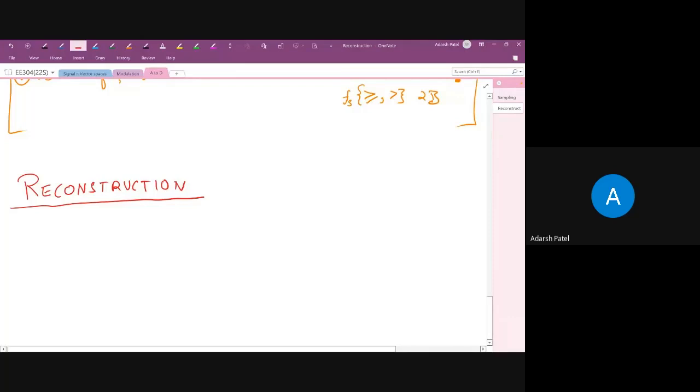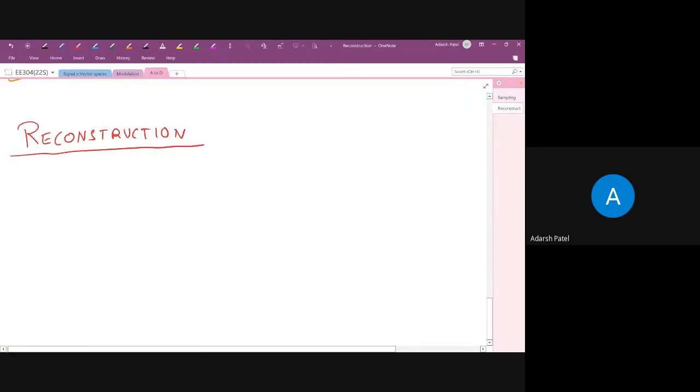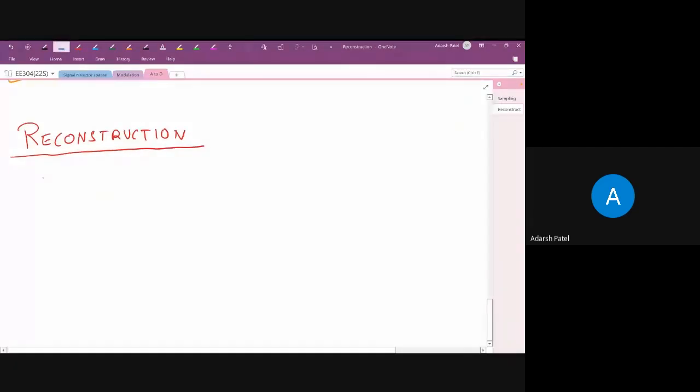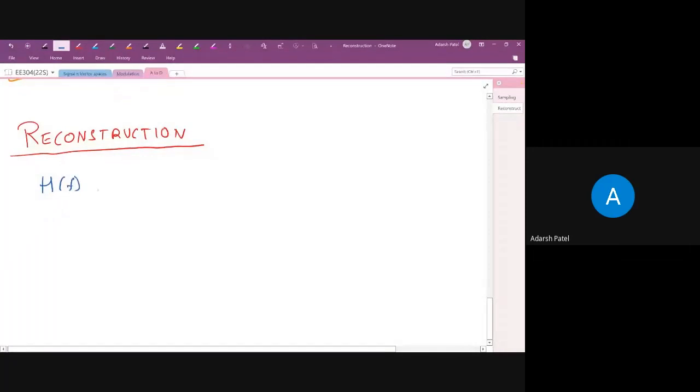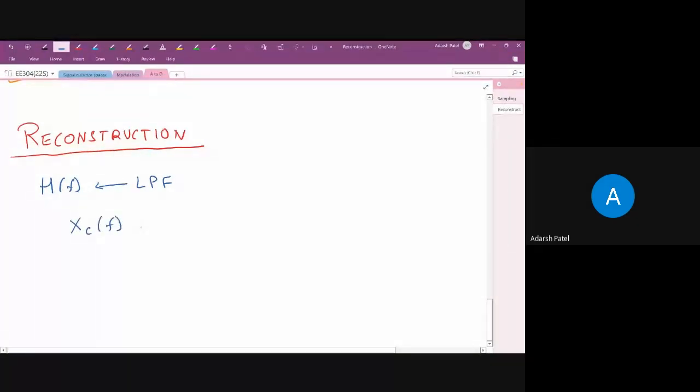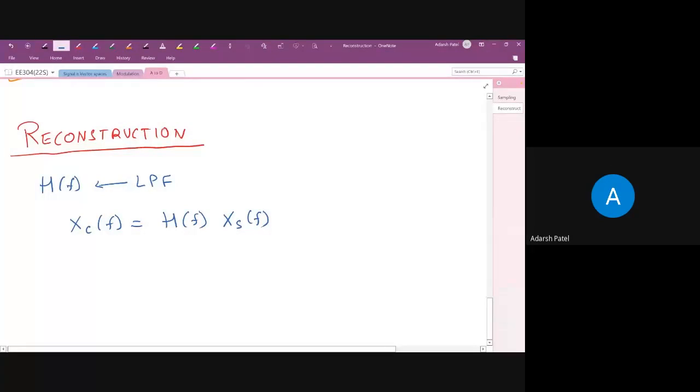Now we want to understand this in terms of the time domain signal. Let H(f) be nothing but this LPF response. Then we knew that Xc(f) is obtained by passing Xs(f) through this frequency response H(f).